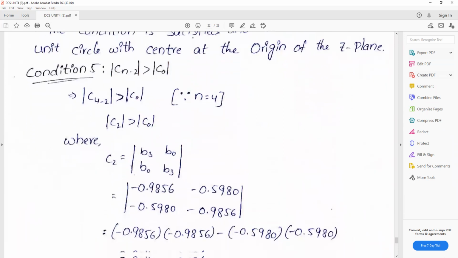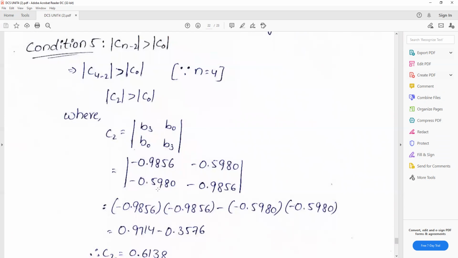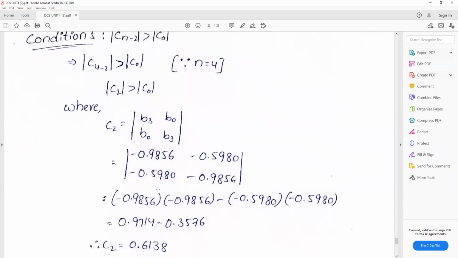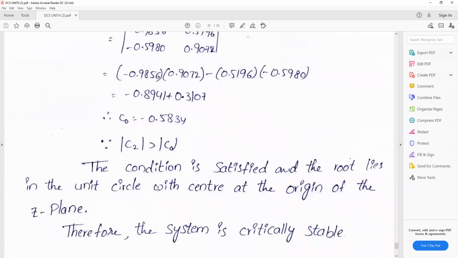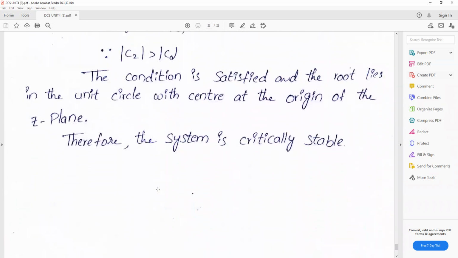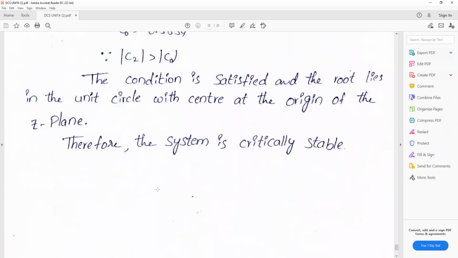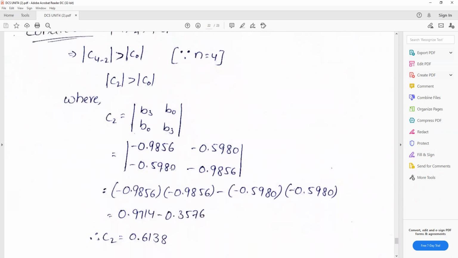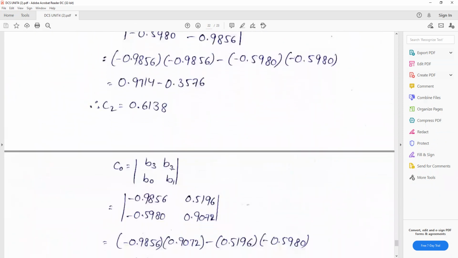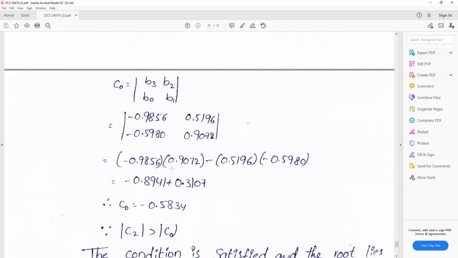In the 4th order system, you also calculate the fifth condition. C2 is greater than C0, so calculate the C2 value and C0 value. C2 uses B3, B0, B0, B3, and C0 uses B3, B0, B2, B1.